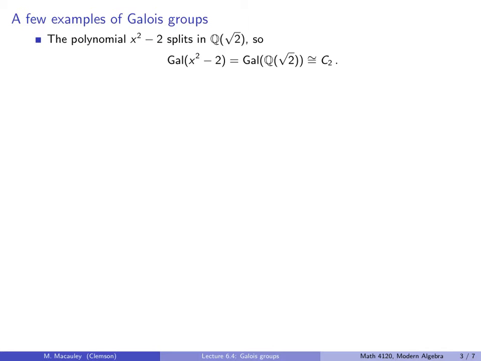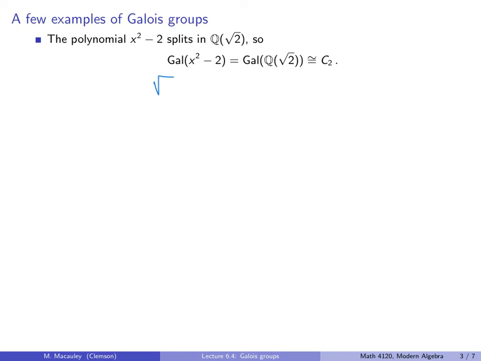So let's begin with the polynomial x squared minus 2, and this splits in the extension field Q adjoined root 2. So the Galois group of x squared minus 2 is the Galois group of the splitting field Q adjoined root 2, and I claim that's isomorphic to C2. Now, here's a sketch of why that is.